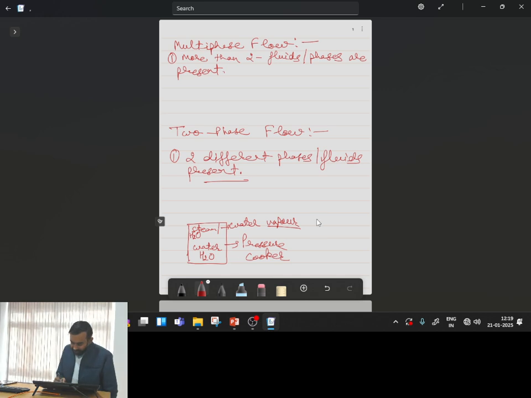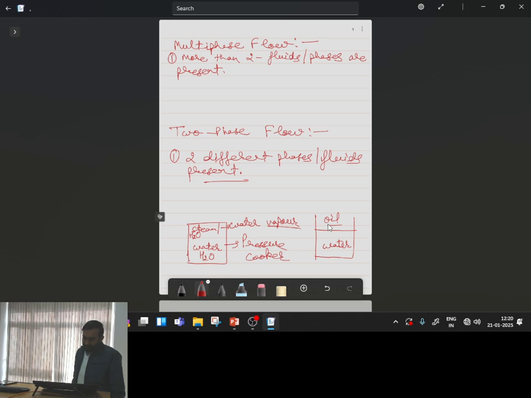Second situation can be, I have a container. In this container, at the bottom I have water, and at the top I have some oil. So what do we have in this situation? We have two different fluids.